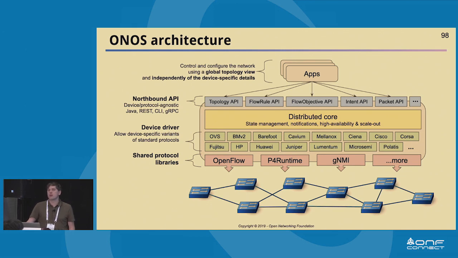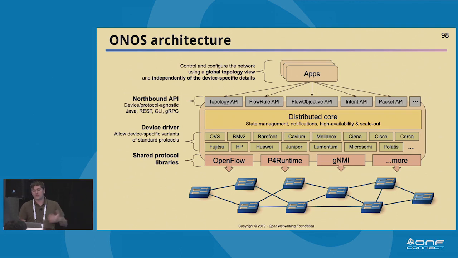Devices from different vendors, for example, might need a different way of pushing a P4Runtime pipeline. Or, you might not be surprised to learn that a simple OpenFlow hello message might be supported differently by different devices. This is where we implement these differences and abstract them away from the application.